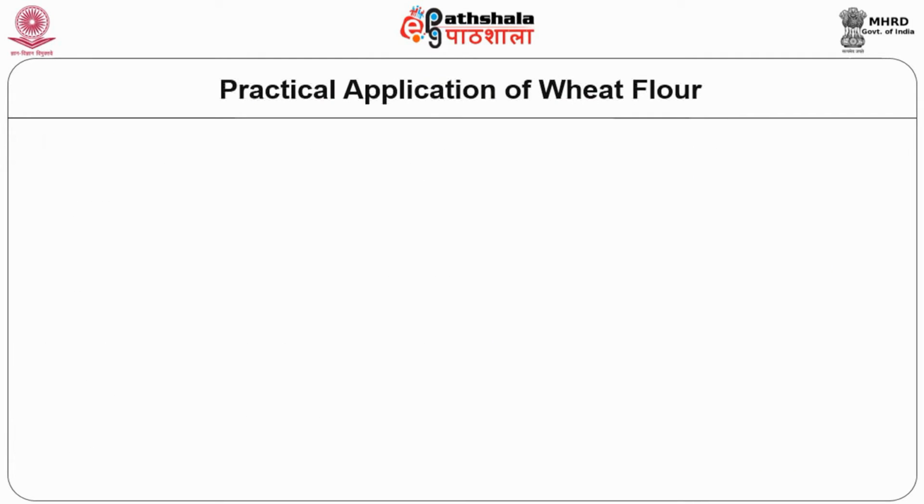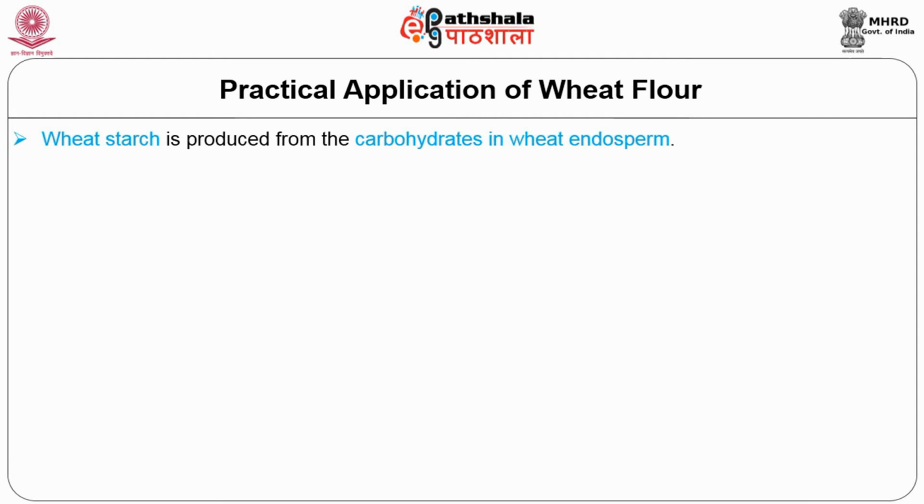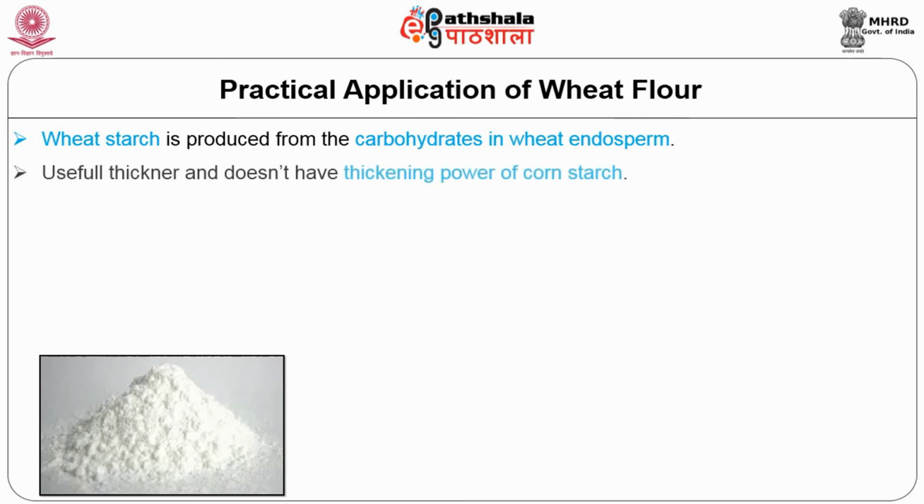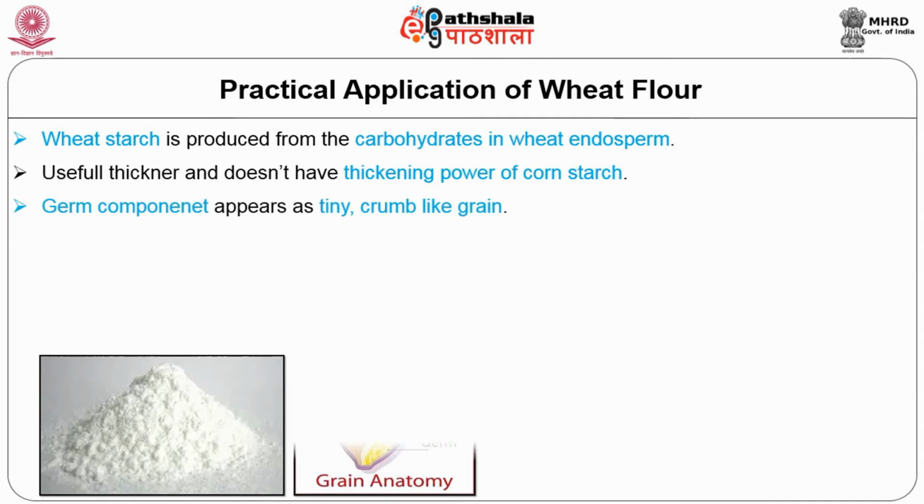Let us see the different foods or practical applications wheat flour has in the food industry. Wheat starch is produced from the carbohydrates in wheat endosperm. It does not have the thickening power of cornstarch. The germ component of wheat appears as tiny crumb-like grains.